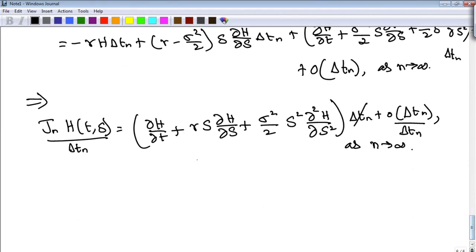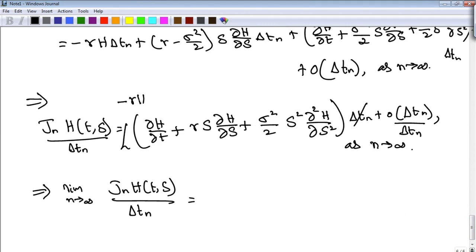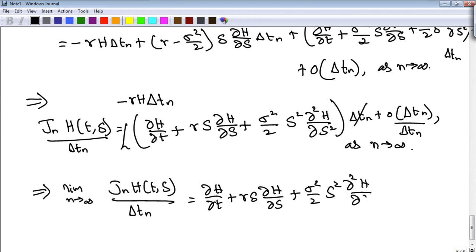And then if you take the limit n tends to infinity, therefore JnH of T comma S divided by delta Tn will precisely give us, there is a minus RH forgotten here, ∂H/∂T plus RS ∂H/∂S plus sigma square by 2 S square ∂²H/∂S² minus RH.